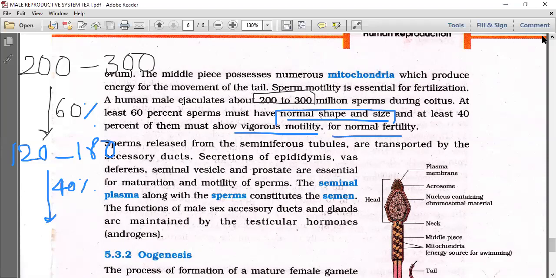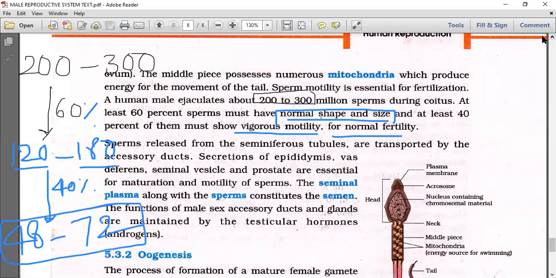So how much will it come? 48 to 72 million. So 48 to 72 million sperms should have normal shape, size and vigorous motility, which is helpful for normal fertilization.